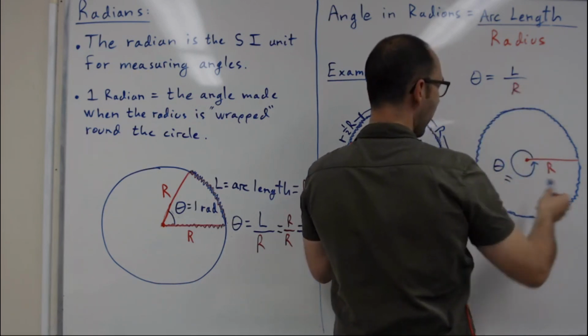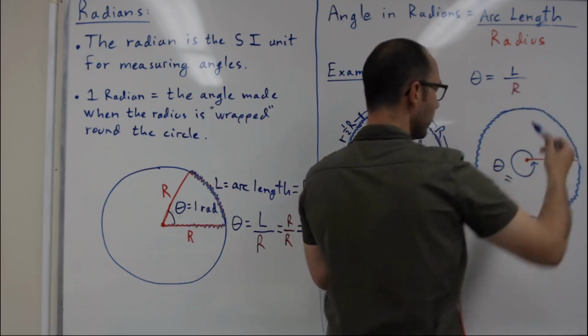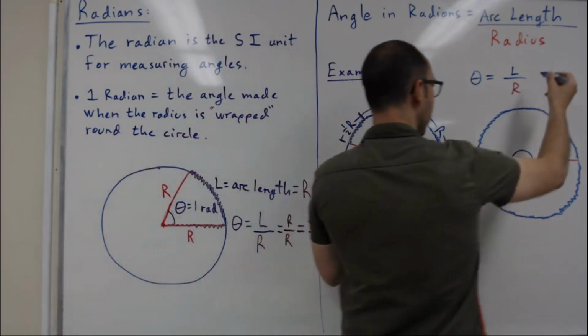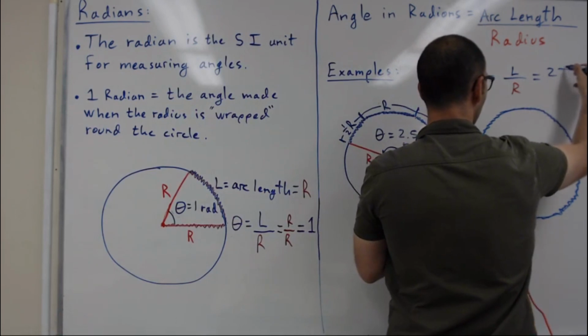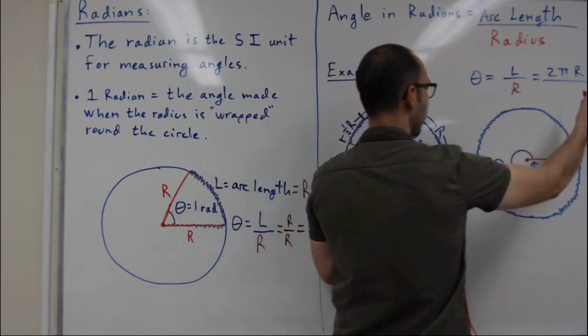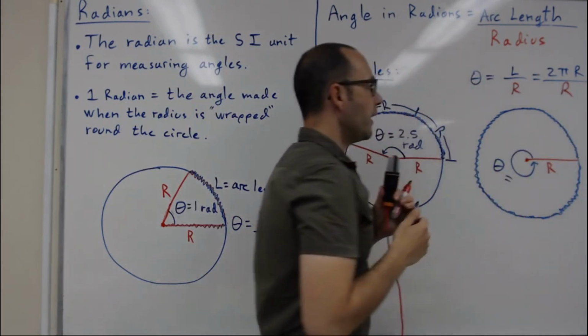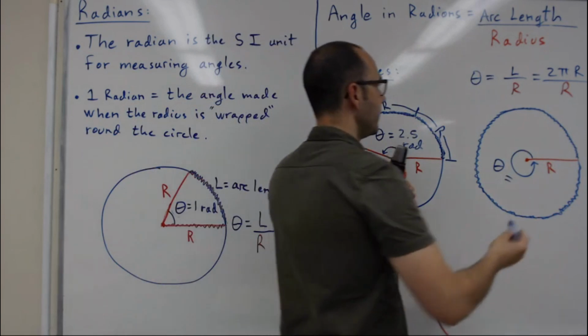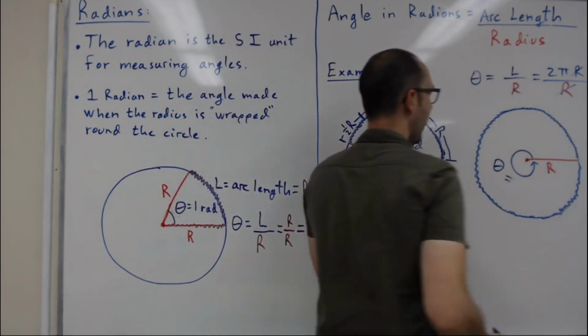And now the arc length is going to be the perimeter of the circle, which is equal to 2 pi r over the radius r. And when you divide 2 pi r by r, the r will cancel out.